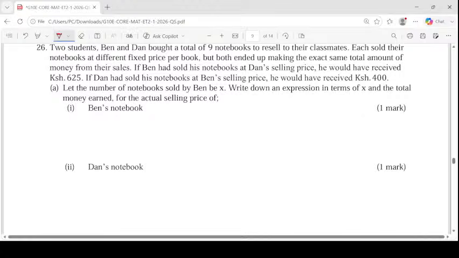Dan bought a total of 9 notebooks. I want you to be very, very vigilant with this particular question and what the question is testing.